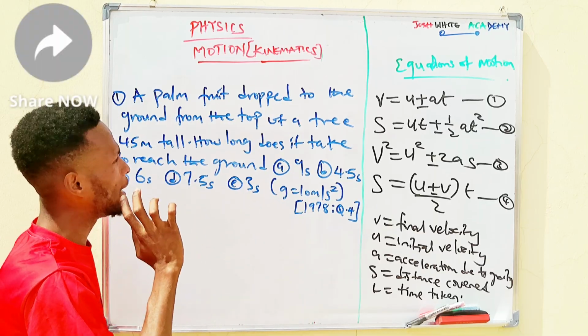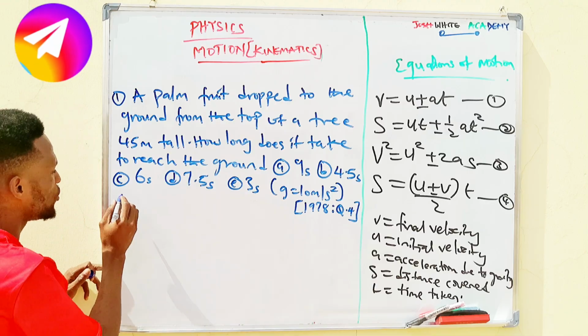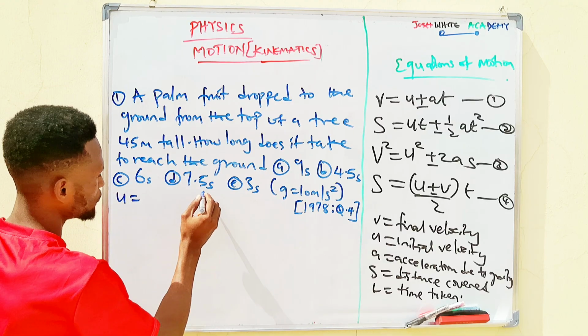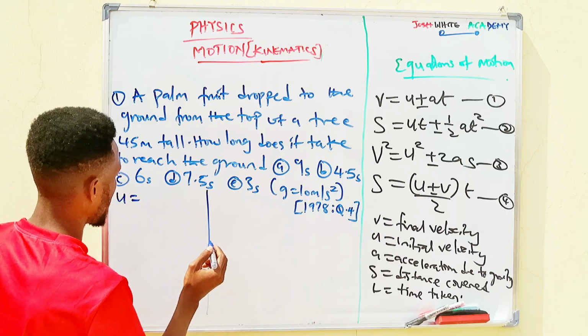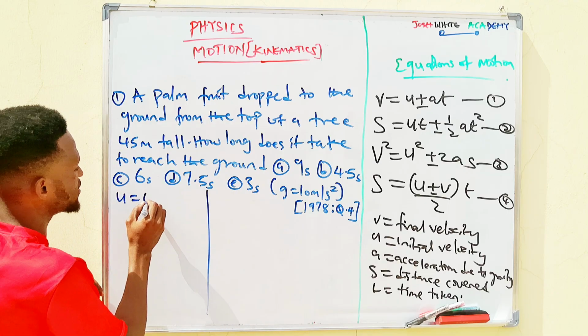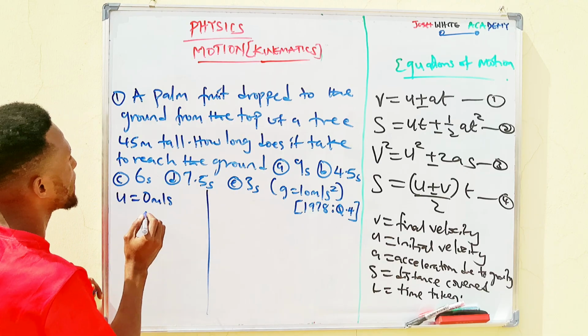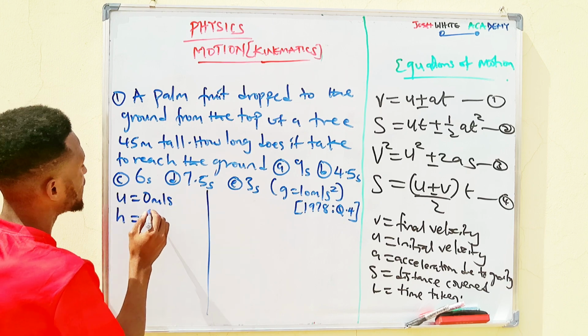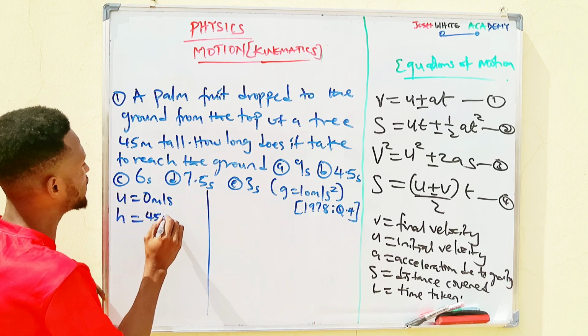So now, our data. We know that our u is 0. Our height or distance is 45 meters.